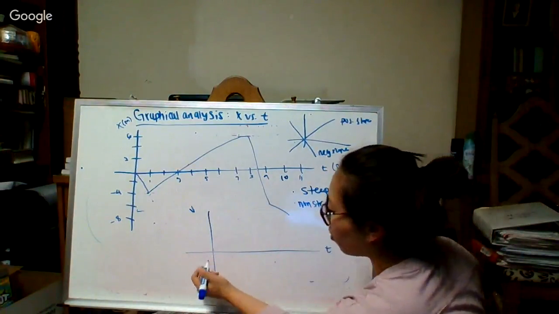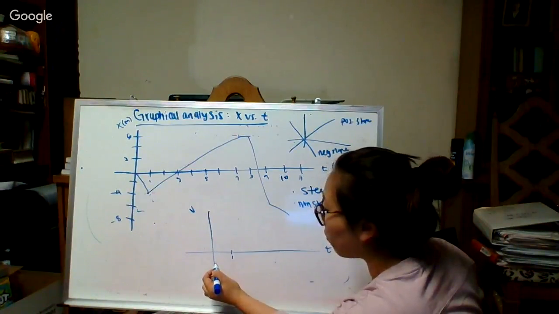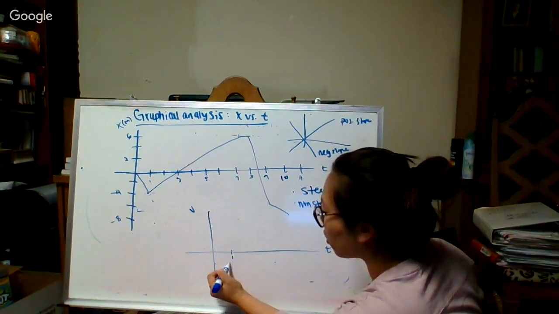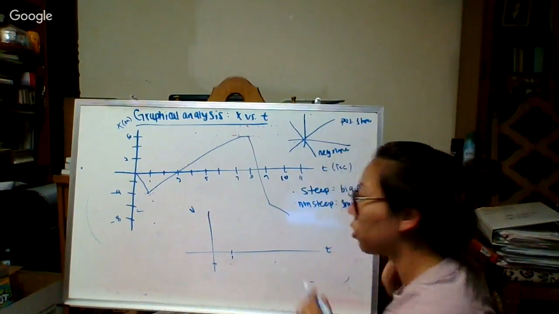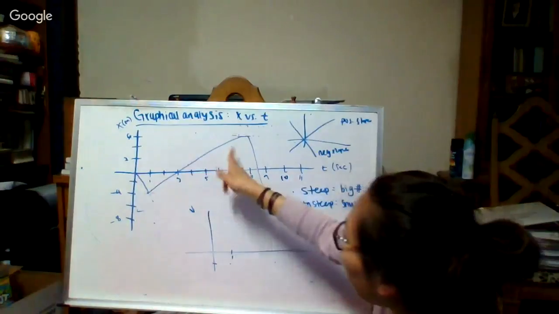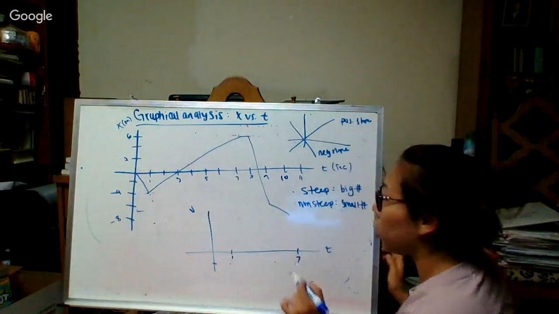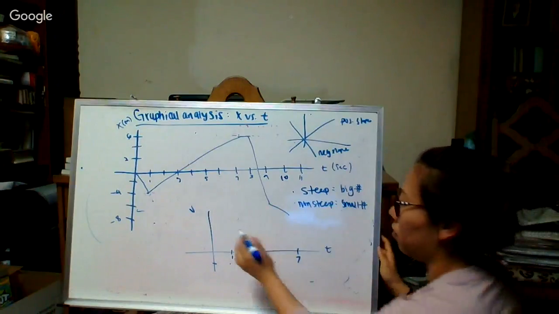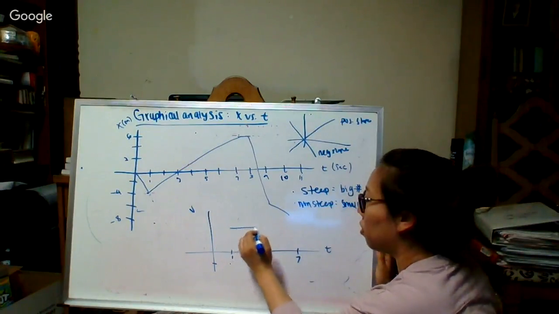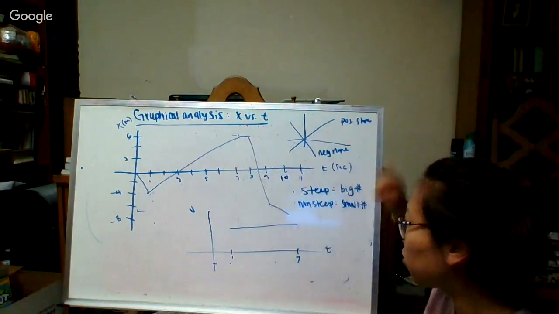It looks kind of at t equals 1, it's going to be negative for sure, and it's about here. I'm just approximating. And then this one, all from t to t7 is going to be a positive slope at a certain level. And then from 7 to 8, it's going to be 0.